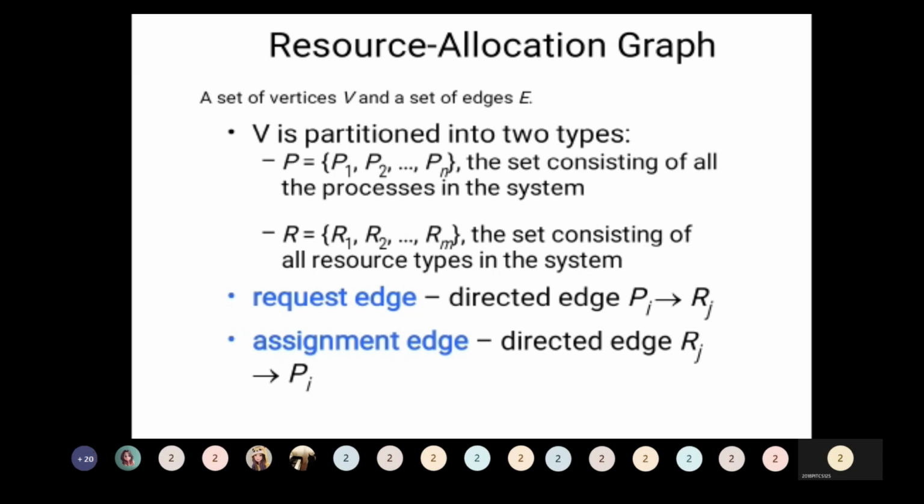Resource is assigned to process. So a resource allocation graph will contain all these things. P is the set of processes, R is the set of resources, the request edge is directed from process to resource, which in this case means the process is requesting a particular resource instance. Then for the assignment edge, the edges will be directed from resource to process.